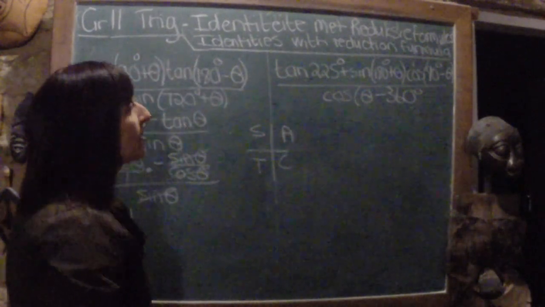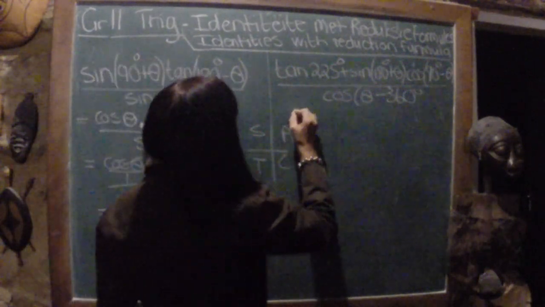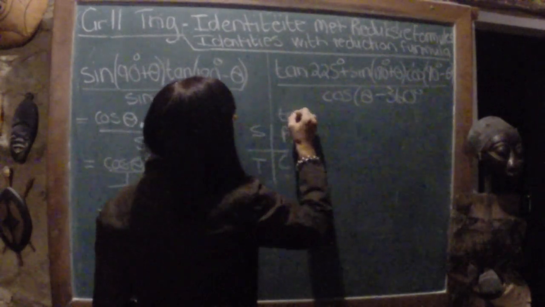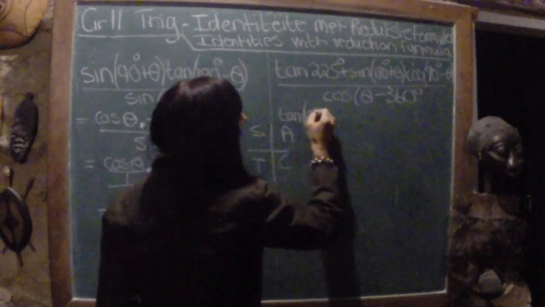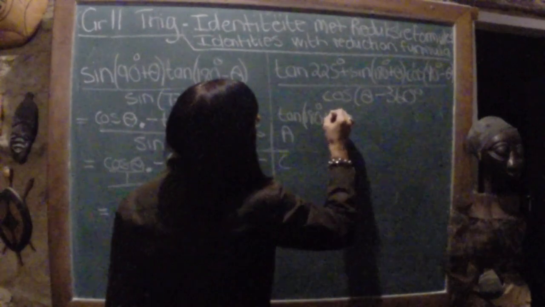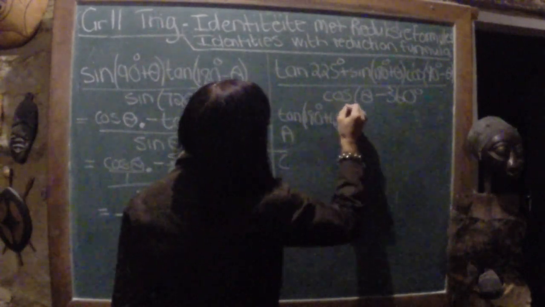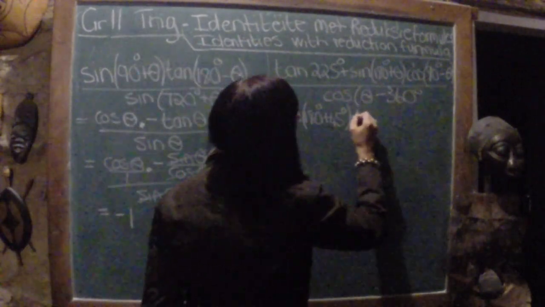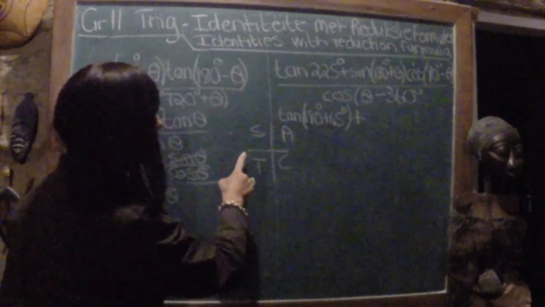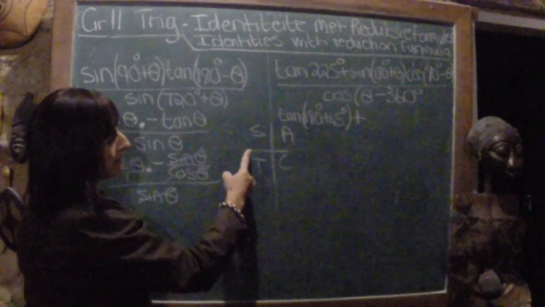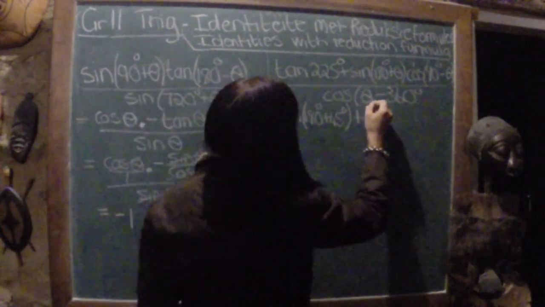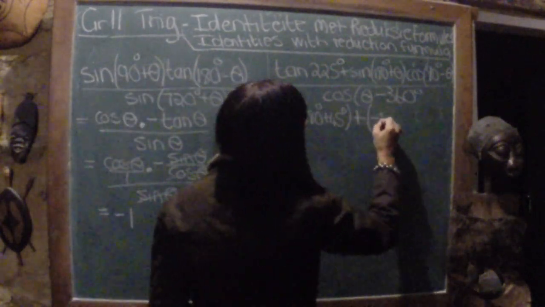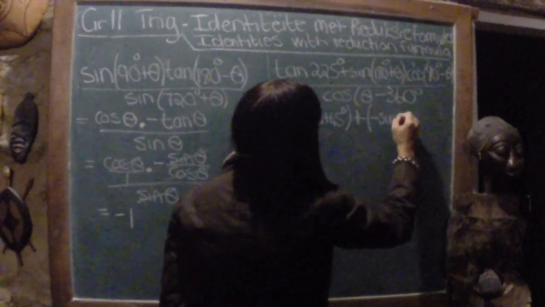Tan van 225, ons kan dit vervang met reduksieformule tan van 180 plus 45, special angle, plus die sin van 180 plus theta, daar is sin negatief, so I've got minus sin of theta.